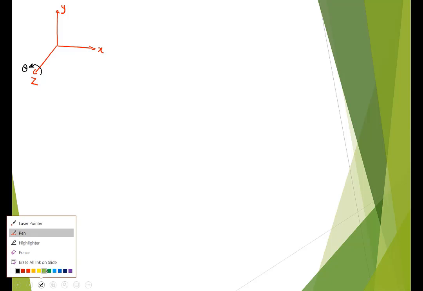Now, if I rotate it around Z by an angle, let's call it theta, how would this new frame look? Its Z axis would remain the same. Its X and Y axes will be tilted by an angle of theta.